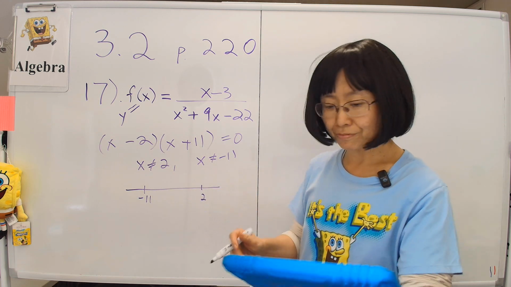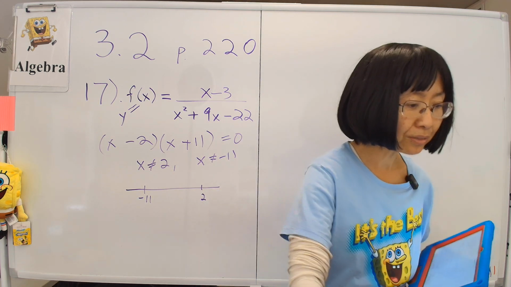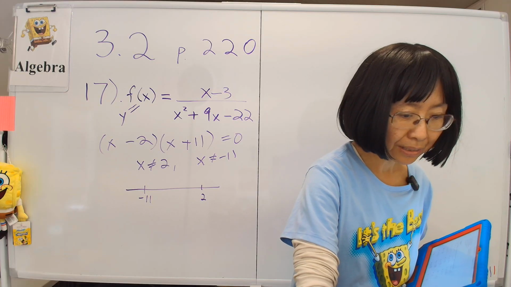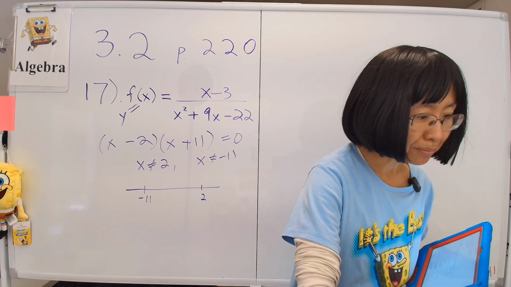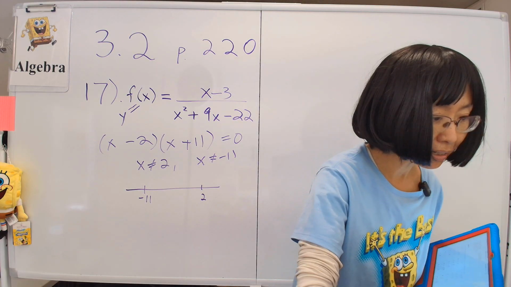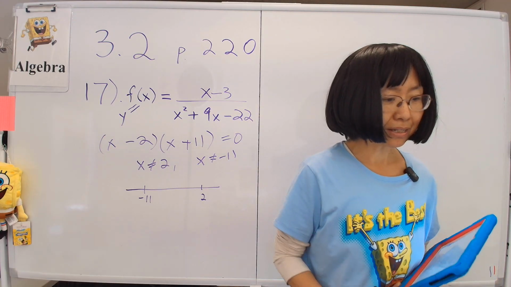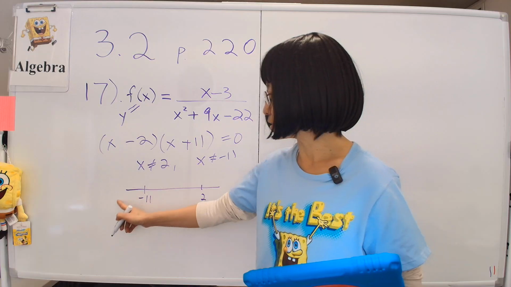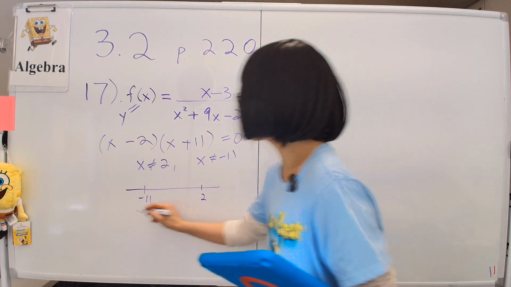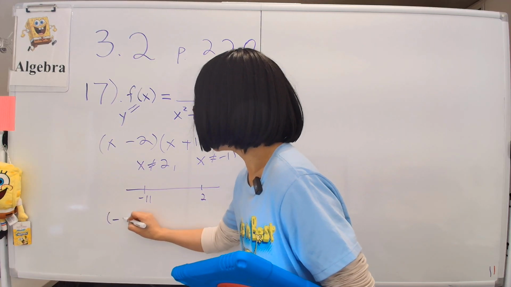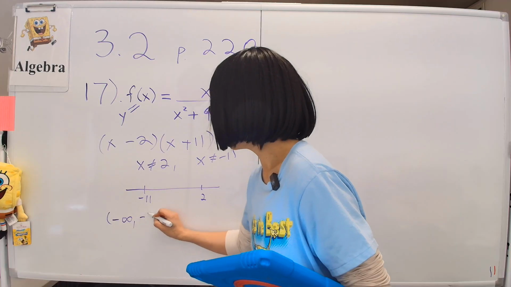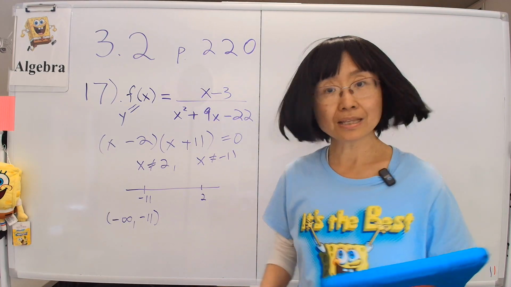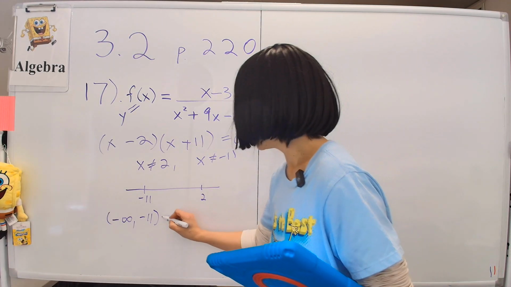But if we want to do it the way your book wants to do it, let's see, what problem is this? 2017, I guess. Yeah, so the way the book wants to do it is we'll draw this into 3 sections. That section is minus infinity, comma, negative 11, and the parenthesis means negative 11 is not acceptable.